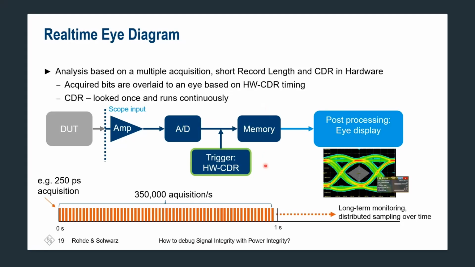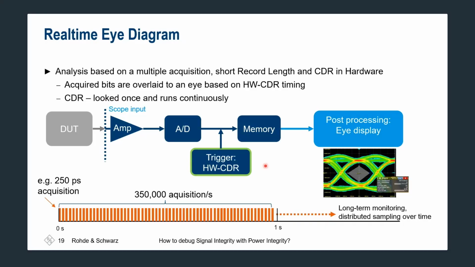Our RTP oscilloscope has a unique digital trigger system including hardware clock data recovery to bit slice a serial data stream with embedded clock. This block is placed between the AD converter and memory. The main advantage of this hardware CDR is that it continuously follows the drift of the input signal in real time, unlike post-processing software CDR, which requires longer PLL settling time per waveform acquisition.